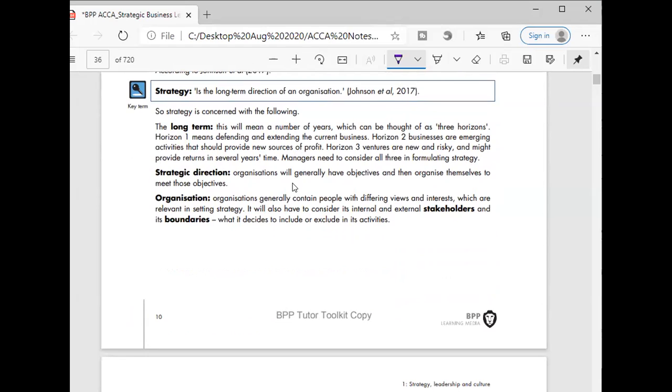Long-term is something at least 3 to 5 years in the future. Now we say horizon 1, horizon 2, and horizon 3. Horizon 1 means defending and extending the current business. Horizon 2 is emerging activities. And the third is venturing into new and risky business, which can provide returns in several years' time.